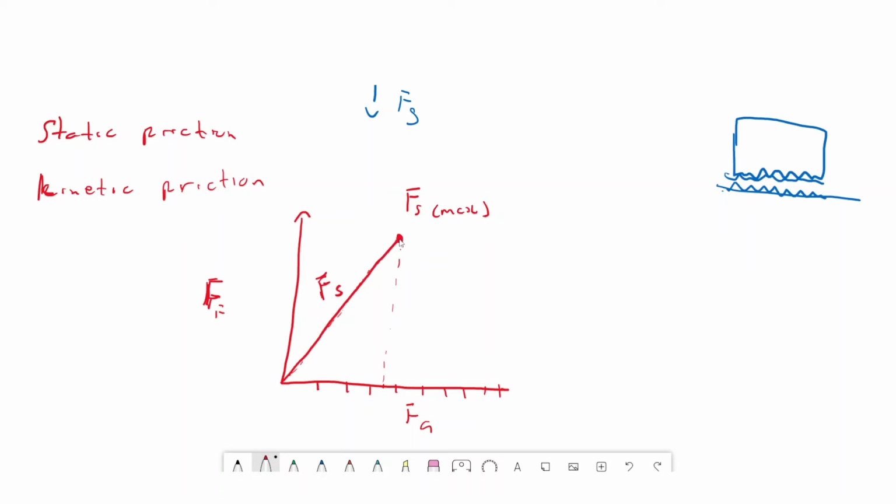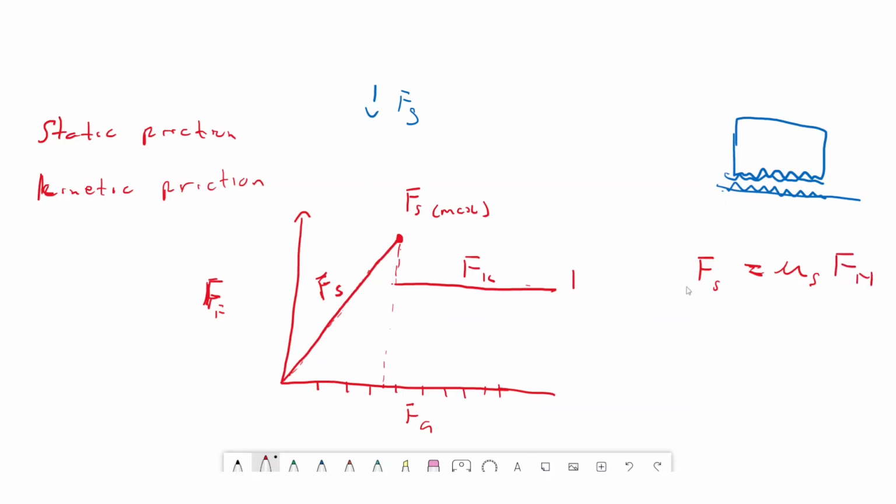Once you overcome this point, immediately after that point the object is going to move, it's going to slide. And it is going to have a frictional force that is constant. That frictional force, once it starts sliding, is called the kinetic friction. You can find the maximum value of the static friction. It is equal to the coefficient of static friction, which is different for each material or surface, multiplied by the normal force.